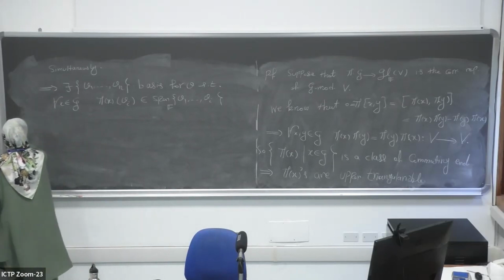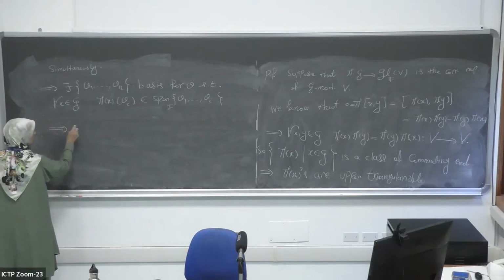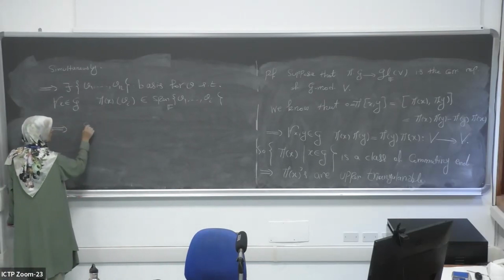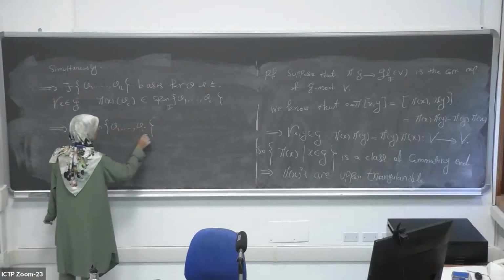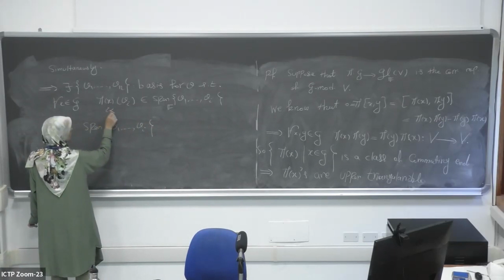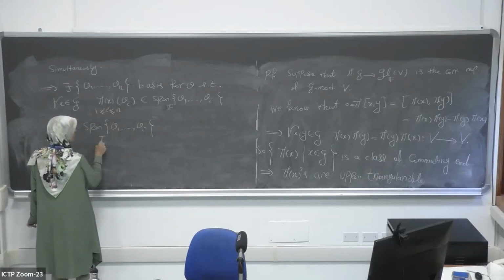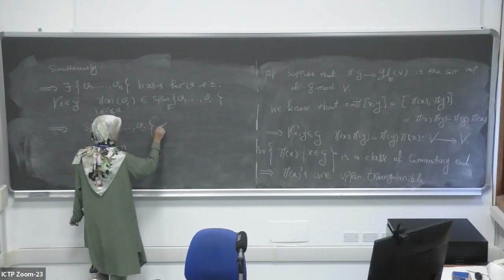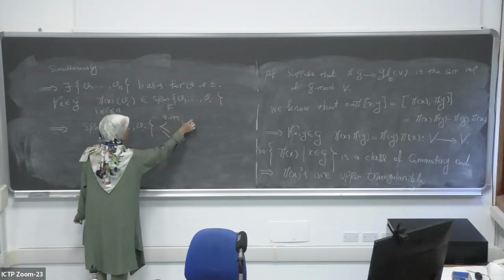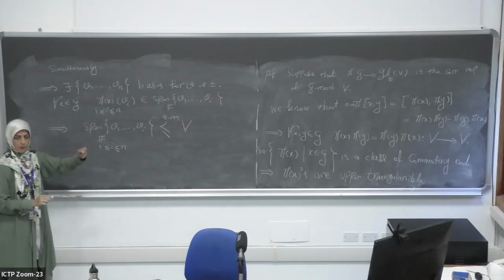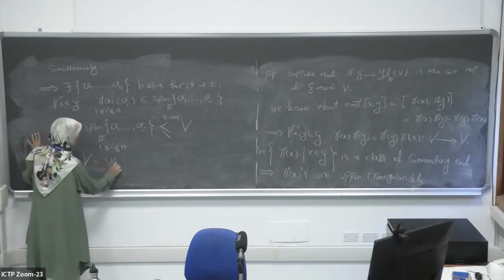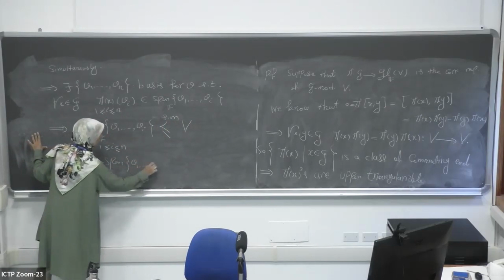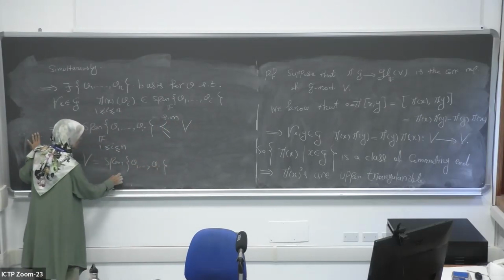And then it means that span V1 up to Vi is a submodule of V. But V is irreducible, so V must be span V1 up to Vi for each i.